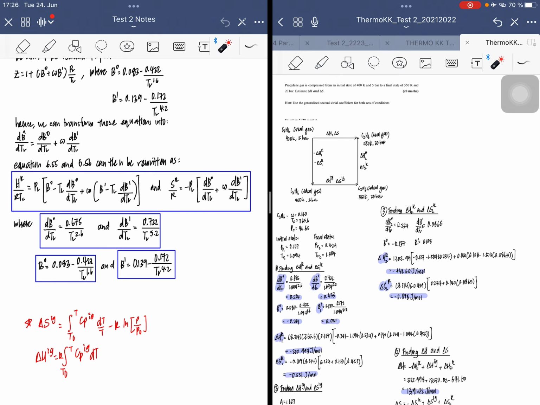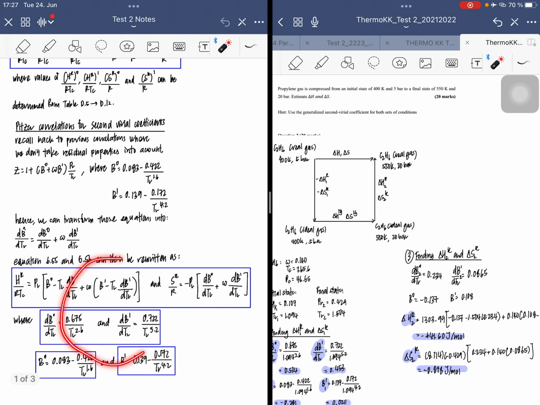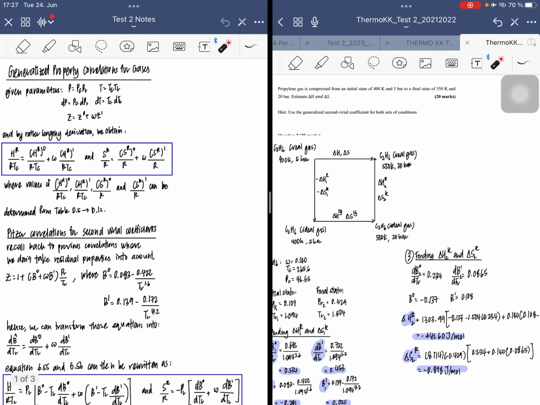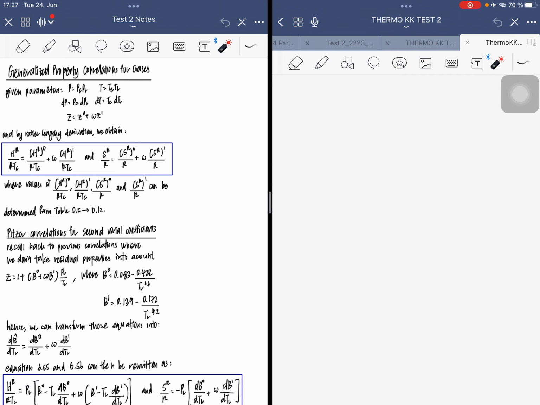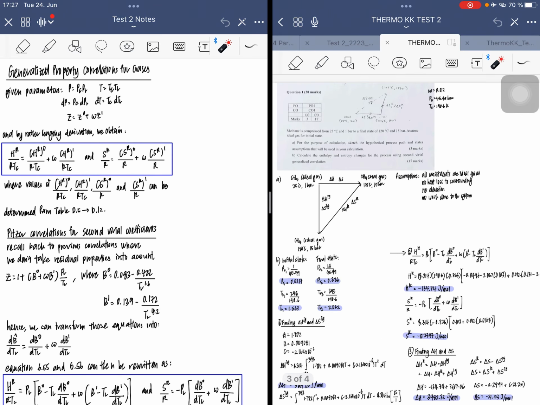It's just that you have to pay attention to what formula you want to use, because here they said to use the generalized second virial coefficient, so that's why I'm using this one. But if they insist on using generalized correlation, let me see if I have an example question of them using that.